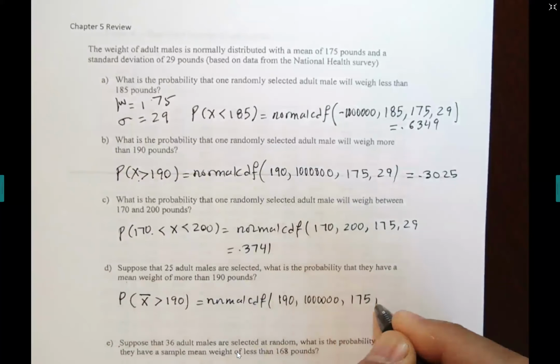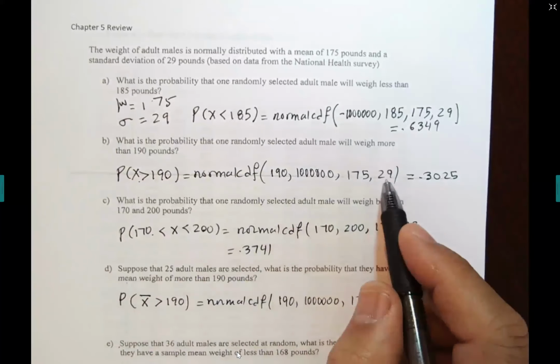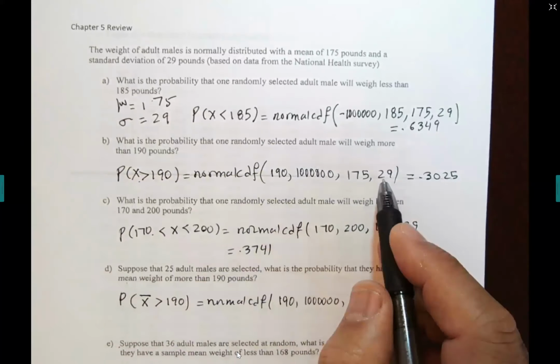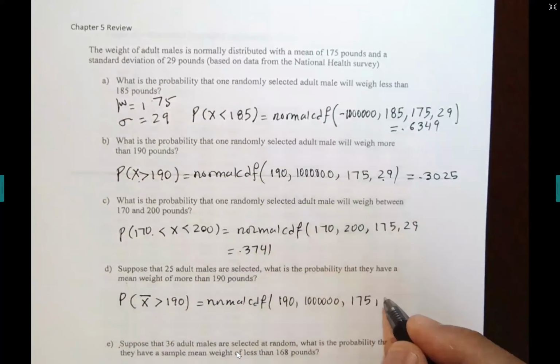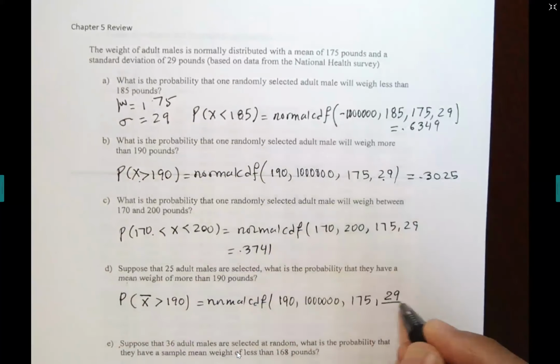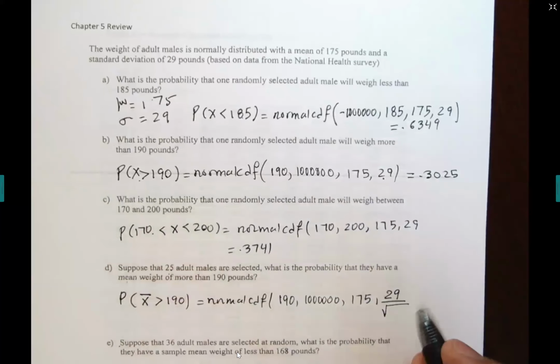You see the match? The only thing that is going to change, as you notice when I play the applet for the central limit theorem, is that when you work with samples, the standard deviation becomes smaller. So it's not going to be 29. If you put 29, it's going to be wrong. It's 29 over the square root of the sample size, which is 25. And that's it. That's the difference.